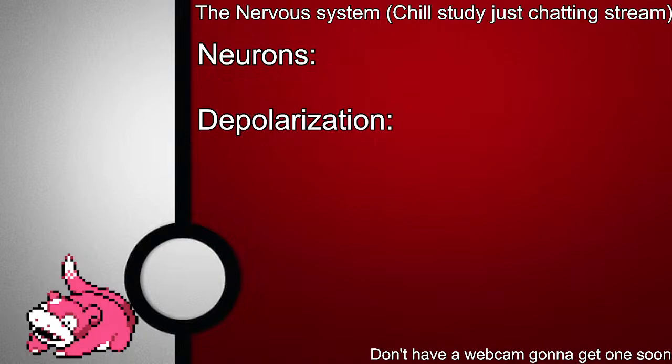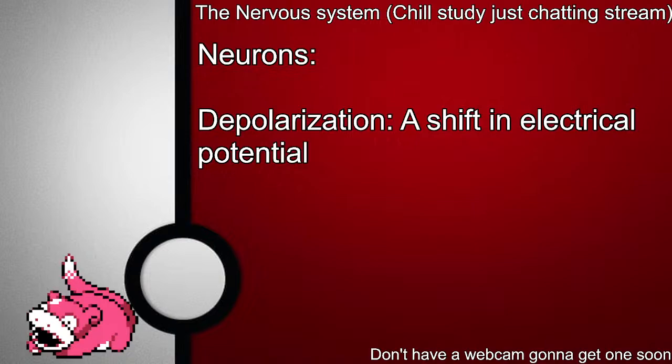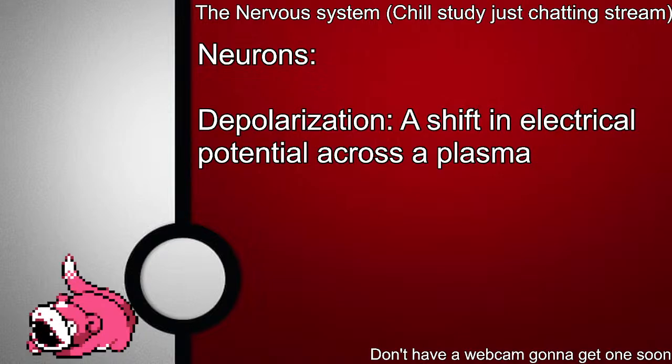Then I'll just label this. I don't want to write the whole thing. RMP. Okay, so let me think about this in my head. So the resting potential. First, let me write this down. A shift in electrical potential across a plasma membrane.